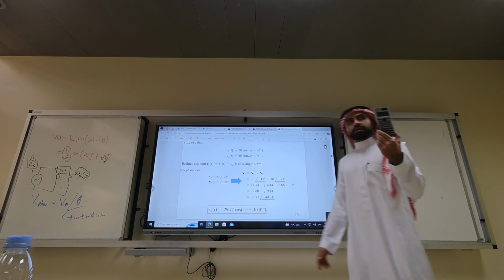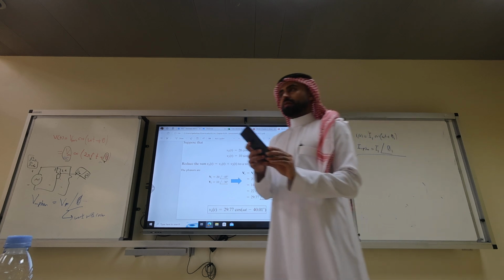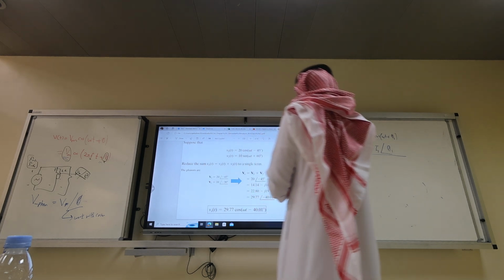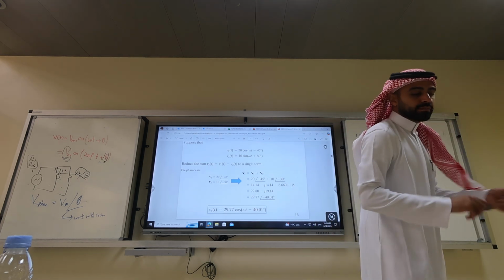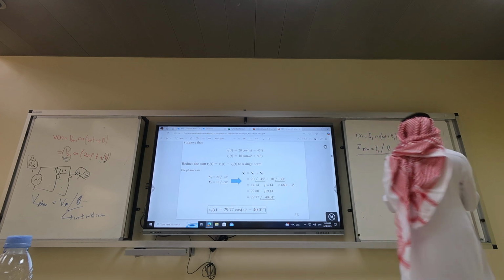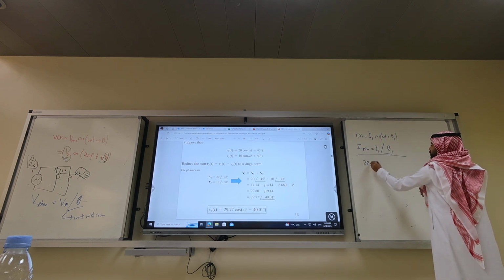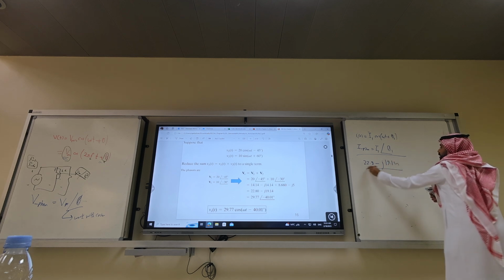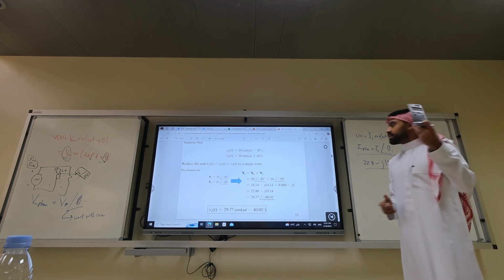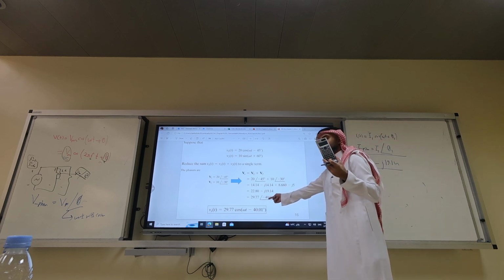What's the answer you're getting? No, you get 22.8 minus 19.4j. Right? Well, how to convert this into phasor format?